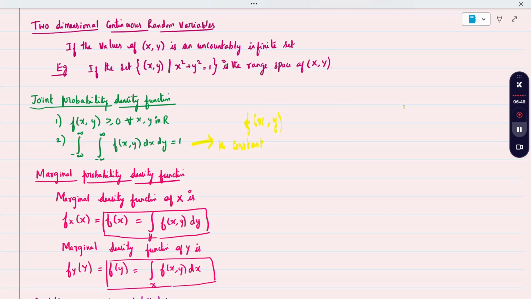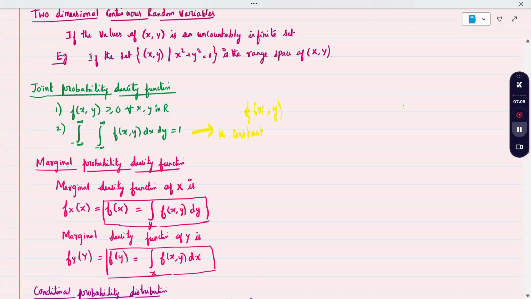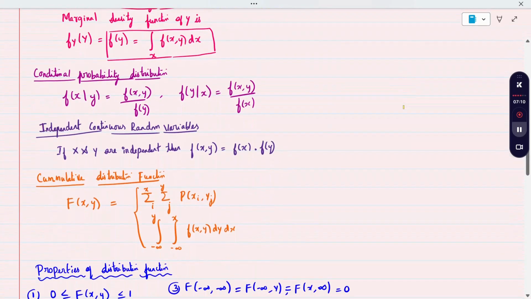Marginal probability density function is of two types: marginal density function of x and marginal density function of y. F of x is nothing but the integral over y of f of x comma y dy. F of y equals the integral over x of f of x comma y dx. Conditional probability, in the same way, has two concepts.